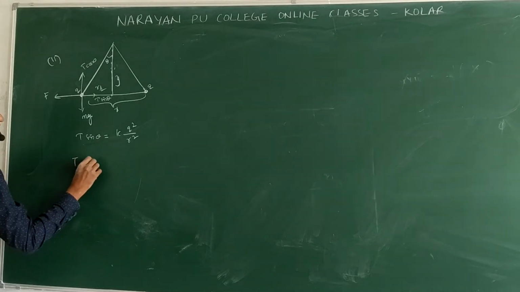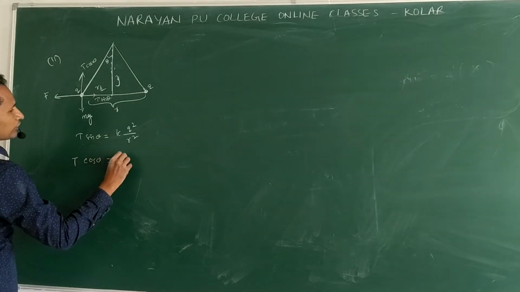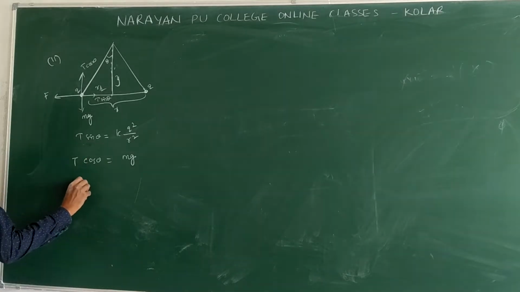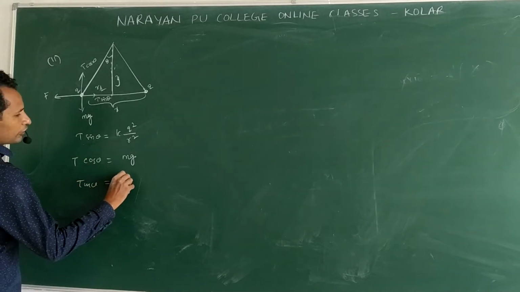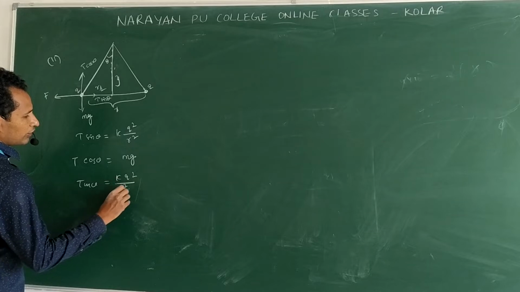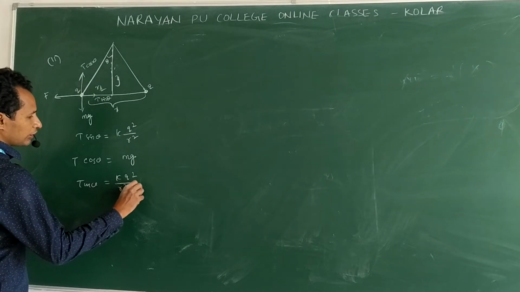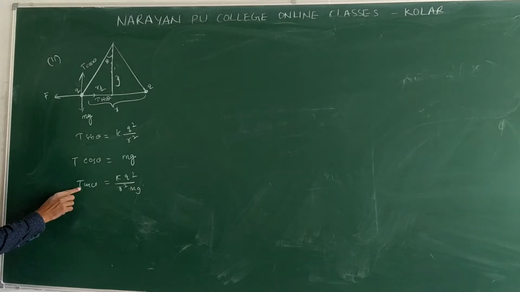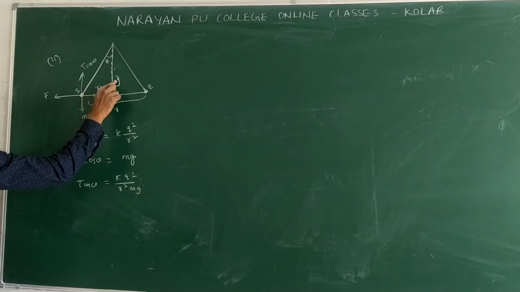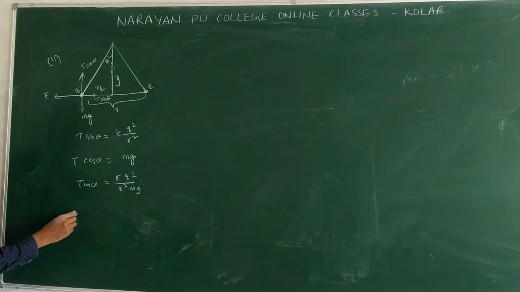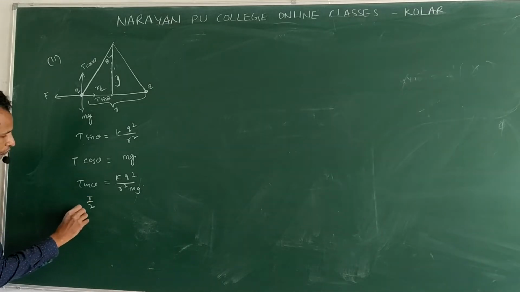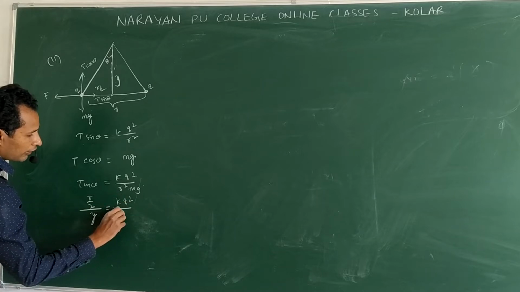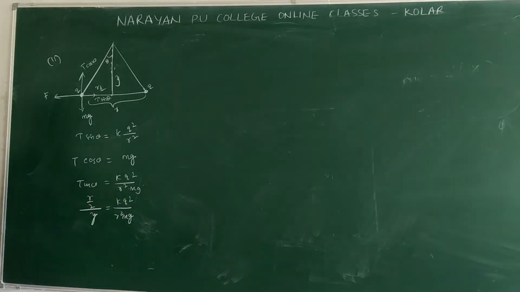So from T cos theta is equal to mg, if we divide, this is tan theta. Tan theta is equal to k q square by r square mg. T and T cancel. This is not tension, it is tan theta. Now theta will be opposite side by adjacent side. Then this will be r by 2 by y is equal to k q square by r square mg.